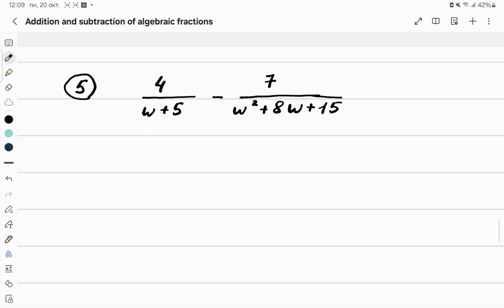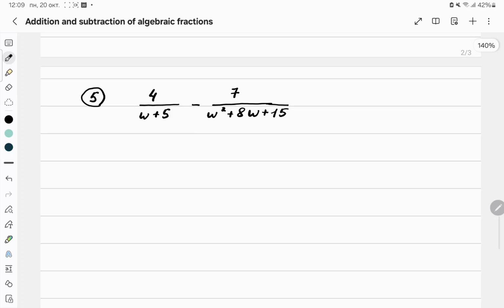This is this type of question. What we see here is that one denominator has a quadratic expression, so it means that we have to somehow turn to the factors. Maybe it's a good idea to factorize. We know how to factorize, yeah? So let's factorize this quadratic trinomial, w squared plus 8w plus 15.